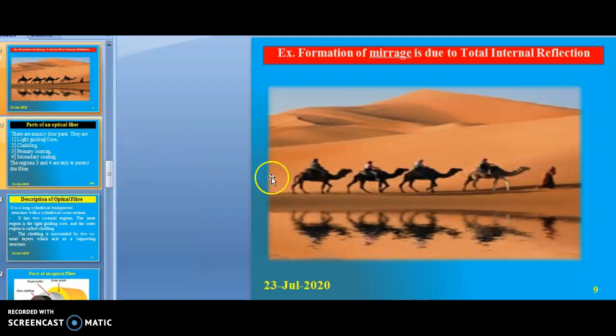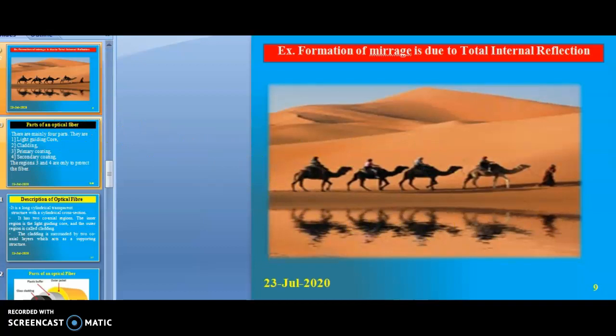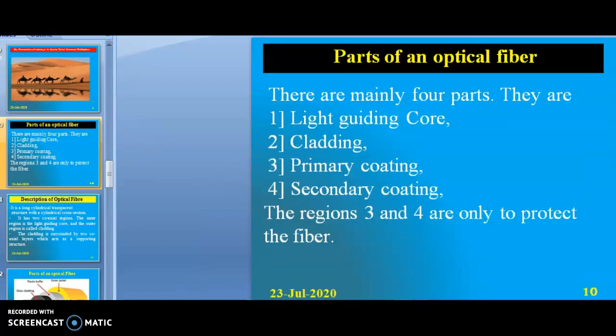Now, let us see the optical fiber, how it works. If I consider any optical fiber, there are 4 parts. The 4 parts are, first one is light guiding core, second one is cladding, third one is primary coating, fourth one secondary coating.